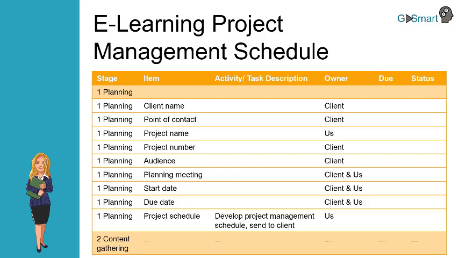In this stage, you need to gather and document all of the basic information, such as the client name, the point of contact, the project name, the project number if needed, the audience, the planning meeting, a start date, a due date, and a project schedule. Don't forget to set your own separate internal deadlines for the 6 other stages of the project too.